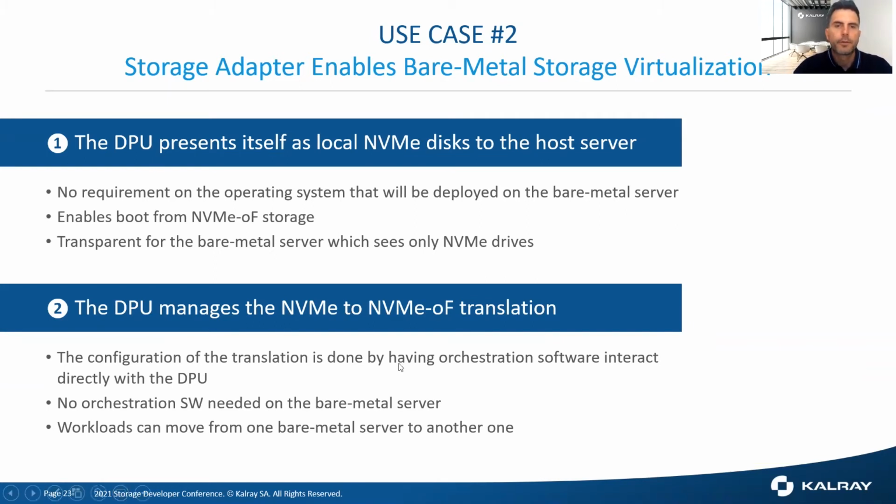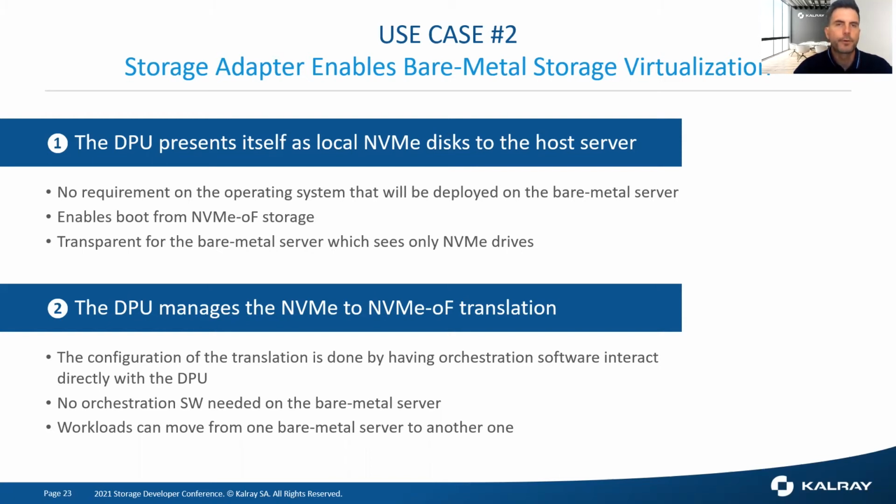If we now focus on the NVMe to NVMe over Fabric translation, the translation can be configured by some orchestration software that will interact directly with the DPU through the network, so either inband or out of band. So you don't need any orchestration software on the bare metal server, and it also means that you can move workloads from one bare metal server to another one, which is pretty nice.